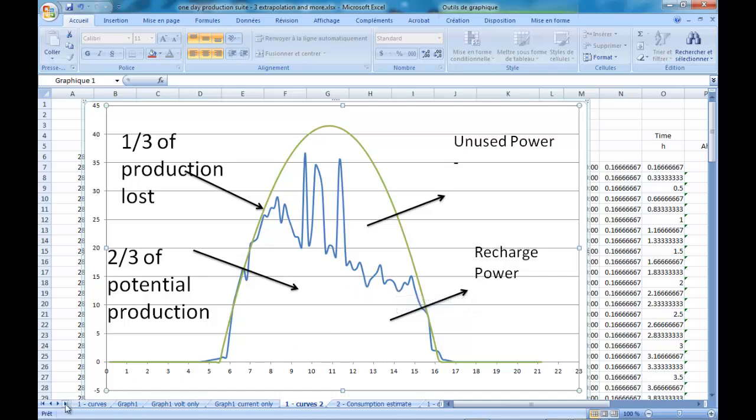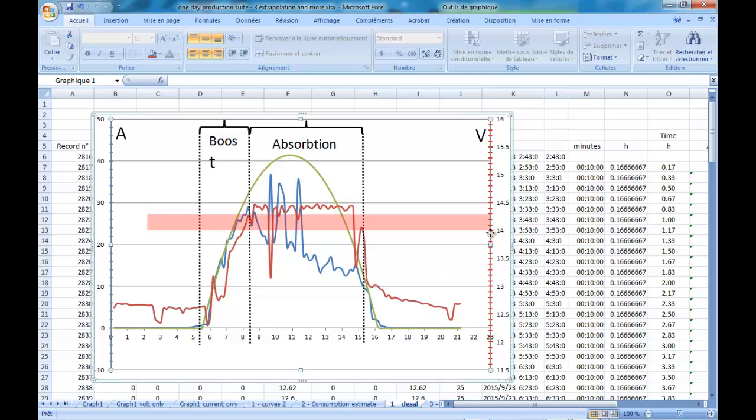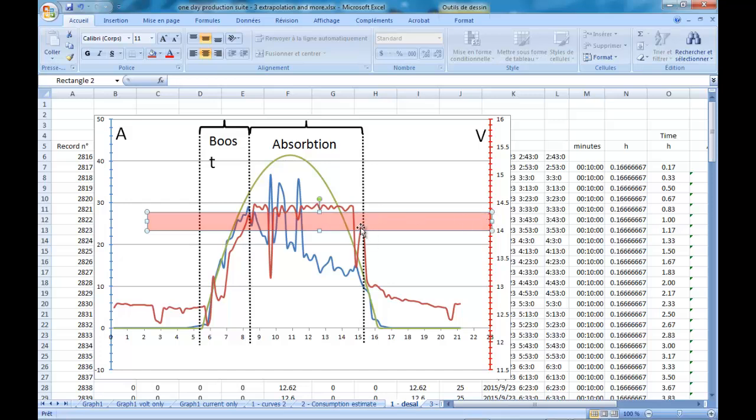Now if we make a little device, I'm thinking something that monitors the battery voltage, let's say between 14 and 14.2, 14.3. It could eventually tell the desalinator, okay, now you can run.